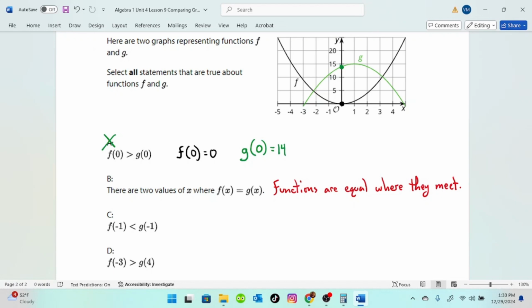And we see that happen right here at this red point, and again here at this red point. So B is true. There are two values of x where f of x equals g of x.